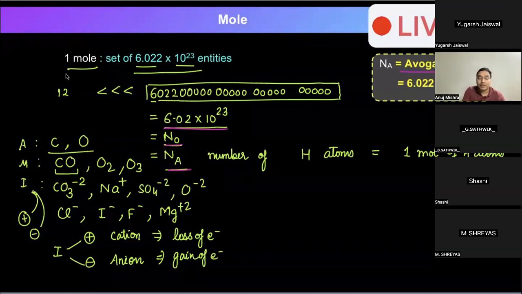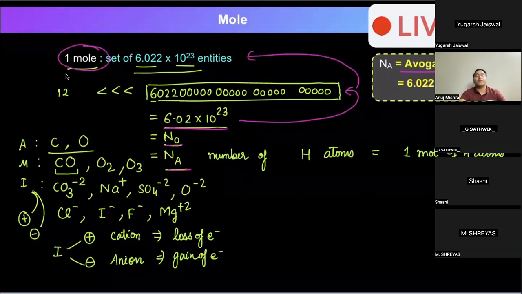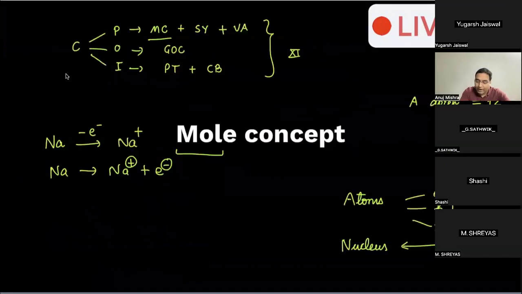The important thing is this number represents this huge quantity, which is also known as 1 mole of things. If I have 12 things, I will call it a dozen, isn't it? A dozen is made up of 12. Similarly, a mole is made up of how many things?